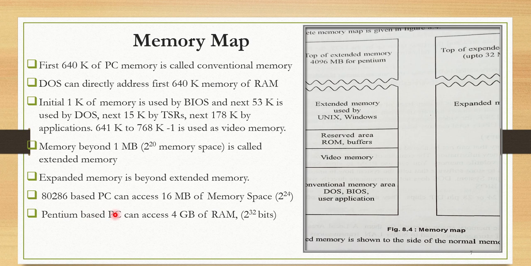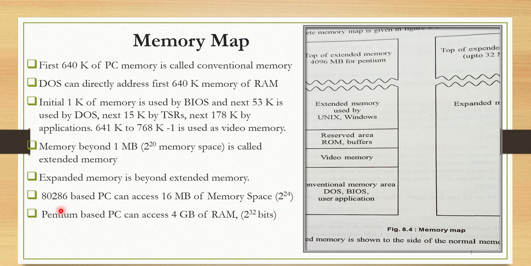Now, an 80286 based PC can access 16 MB of memory space. How much area a CPU can access depends on the address bus of the CPU system. We will see what the address bus is in the next slides.